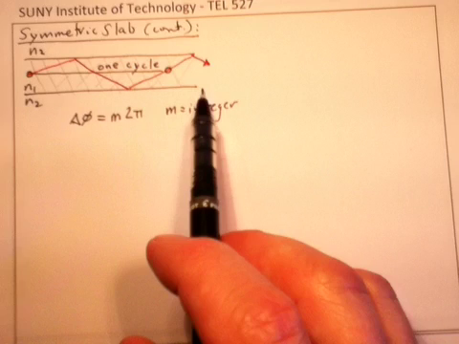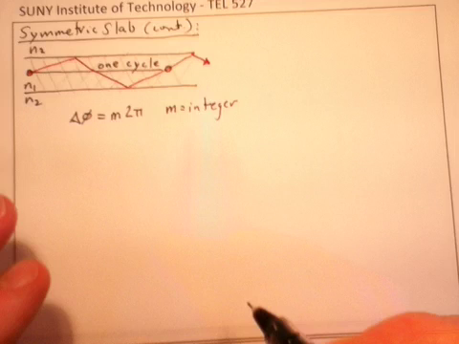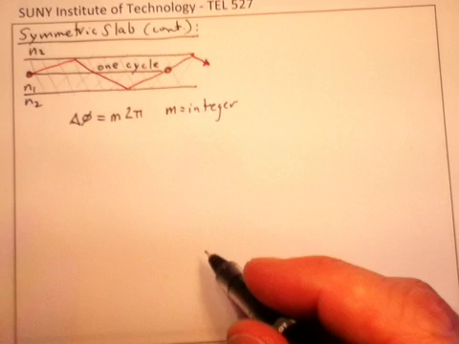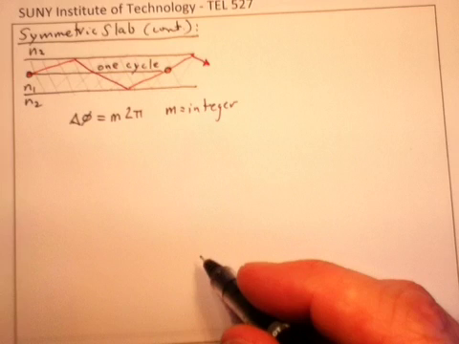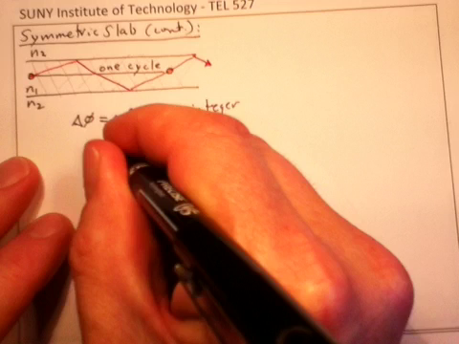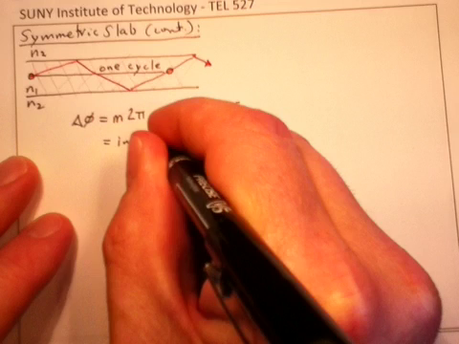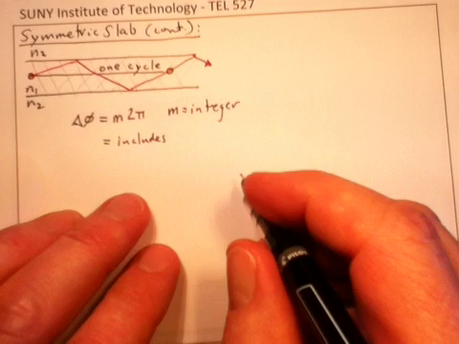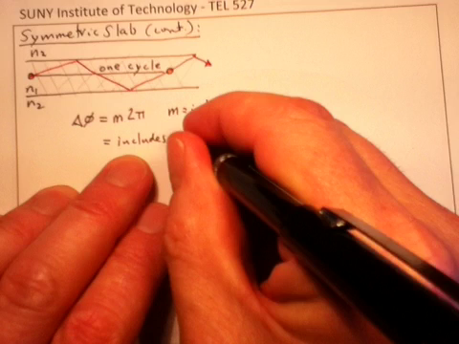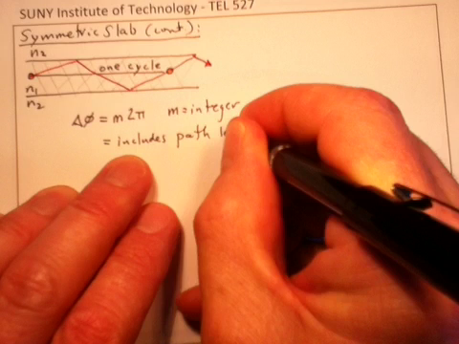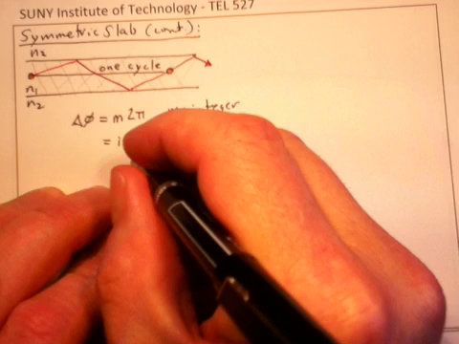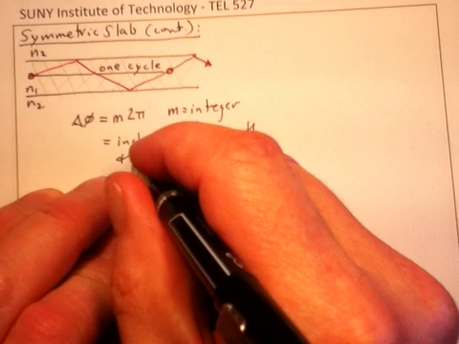And so the phase angle advance includes two terms. It includes both the path length and phase changes on reflections.